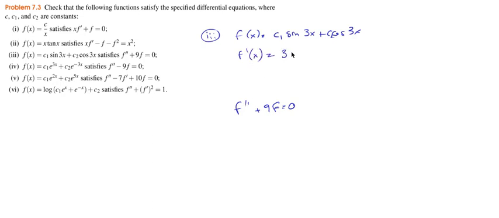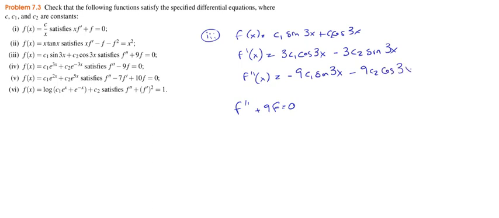The first derivative is 3 times c1 cosine of 3x minus 3 times c2 sine of 3x, and then the second derivative is minus 9c1 sine of 3x minus 9c2 cosine of 3x.